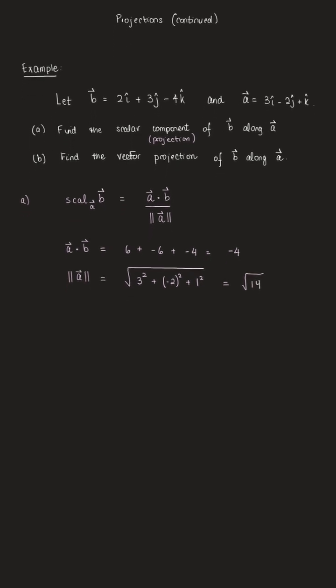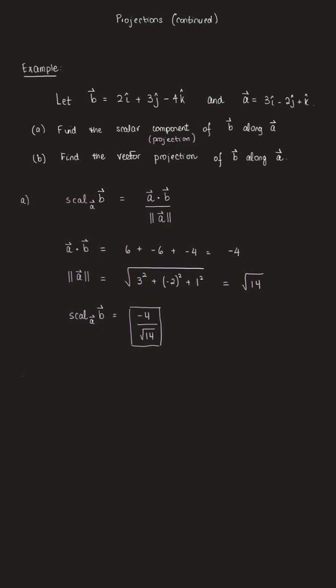And we can't really simplify that. So the scalar projection, which is just going to be a scalar, a real number, of b onto a, will be the dot product, which was negative 4, divided by the magnitude of a, which is the square root of 14. So that is our answer for part A.